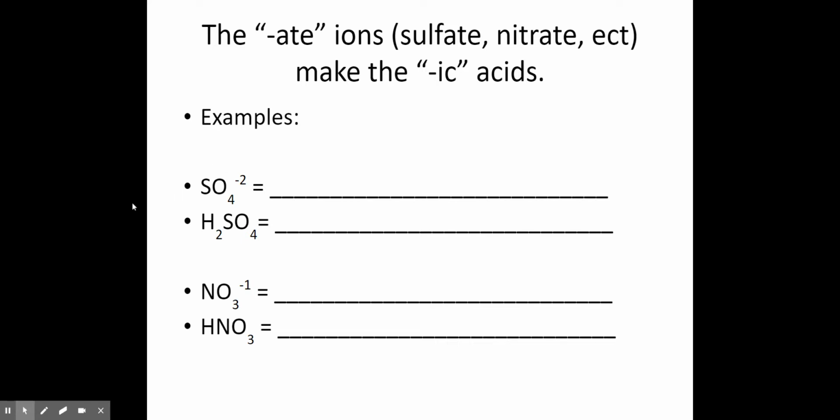Okay? If the polyatomic ion ends in ATE, for example, sulfate and nitrate, these make IC at the end and then the word acid. So our first example is SO4. When we look at SO4, it is sulfate.